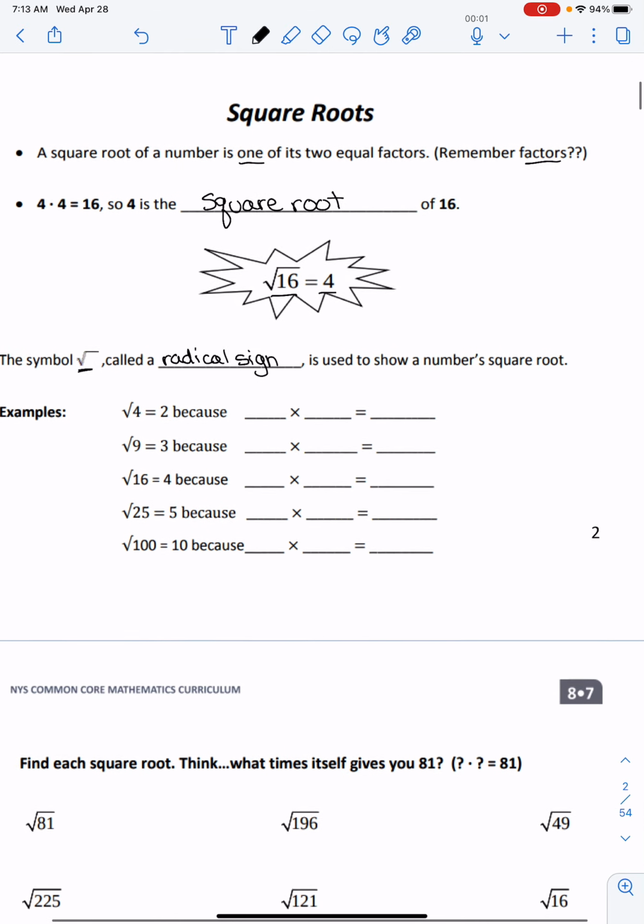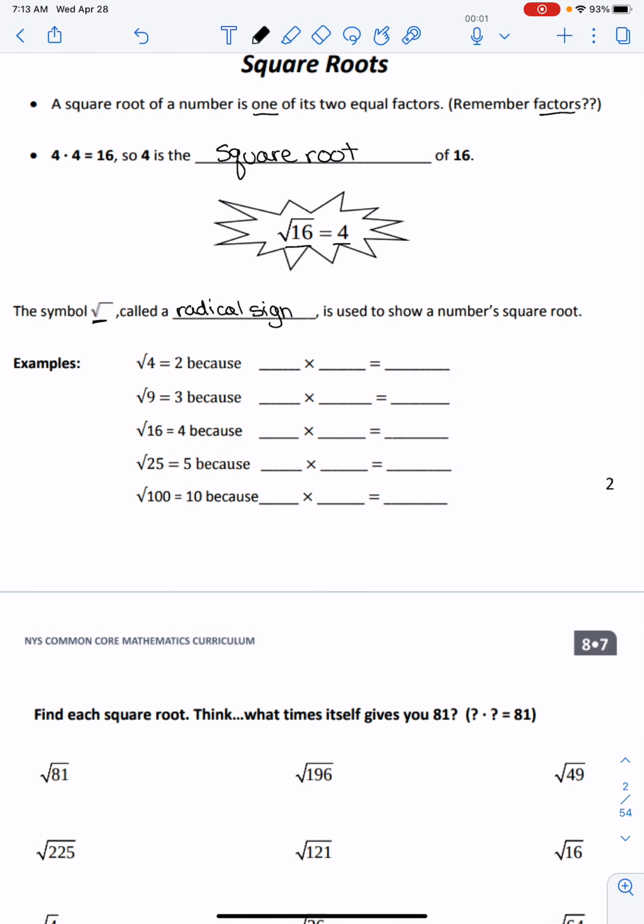Now, examples of this: the radical sign or square root of 4 equals 2 because 2 times 2 is 4. The square root of 9 is 3 because 3 times 3 is 9. The square root of 16 is 4 because 4 times 4 is 16.